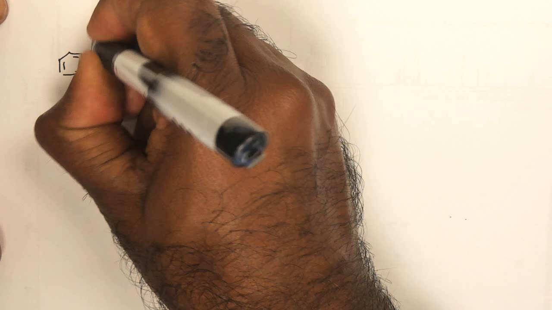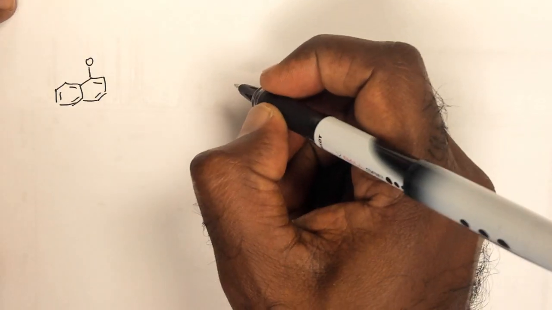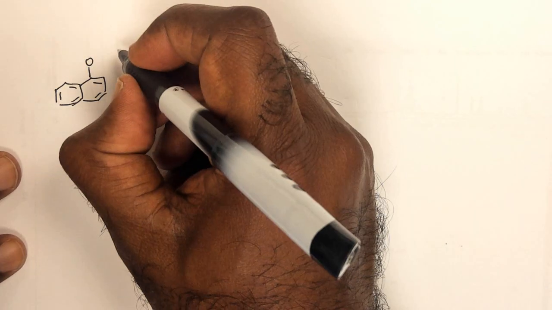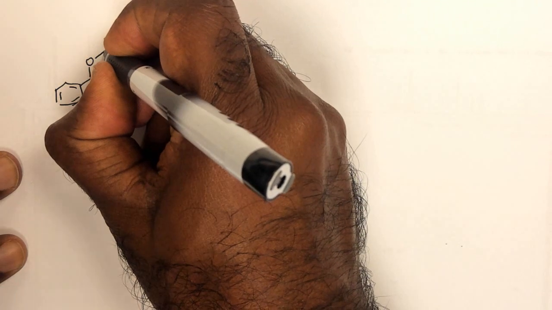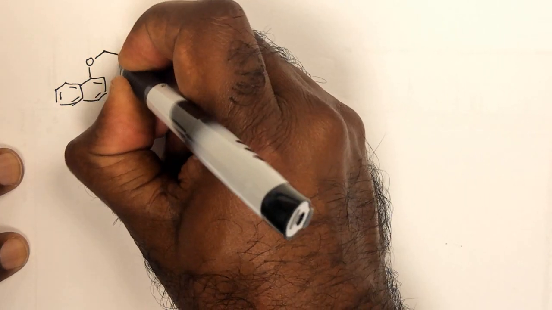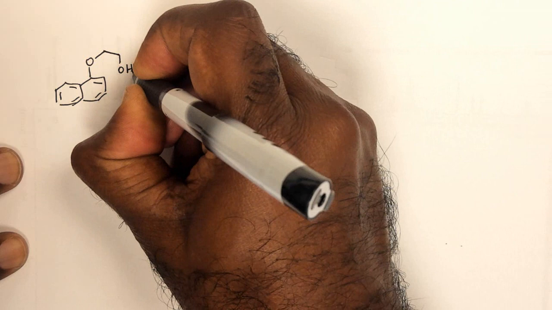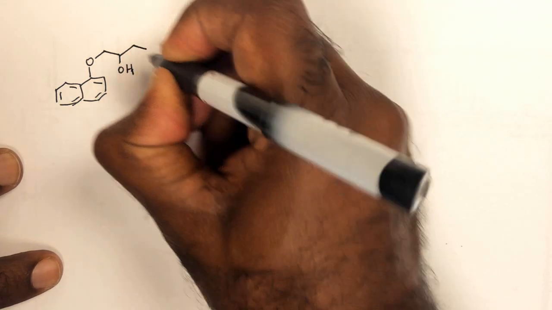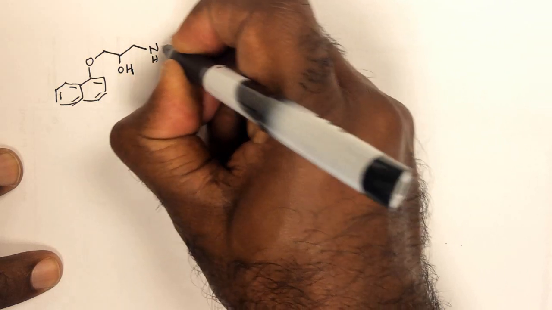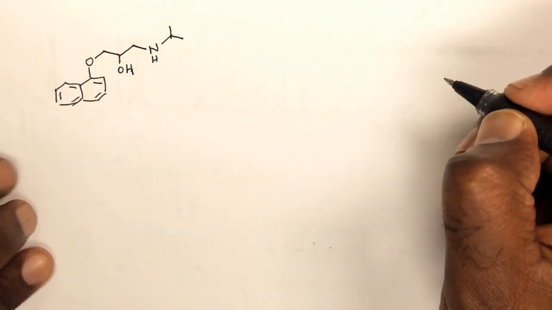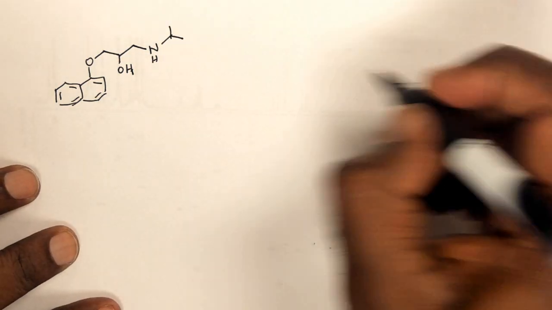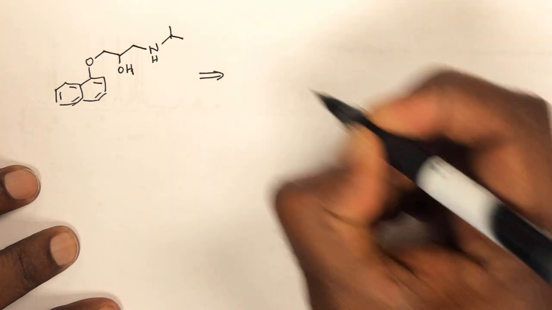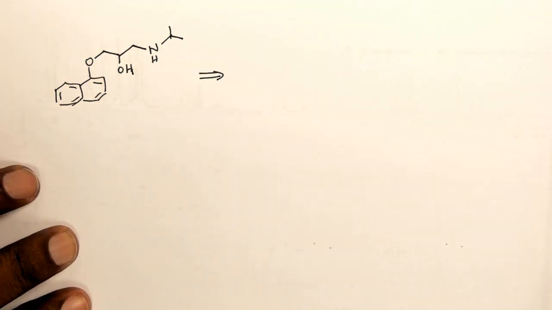It has an oxygen at that position, two carbon atoms with a hydroxy group, and then an amino group here, with the isopropyl group in that position. And we're going to look to disconnect this molecule.